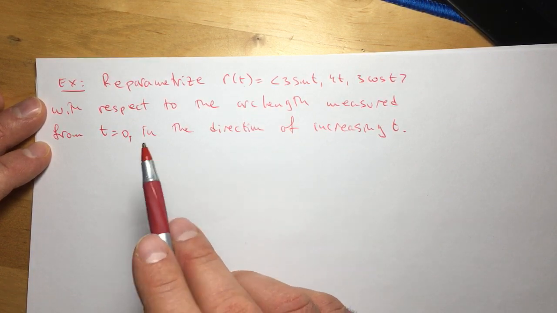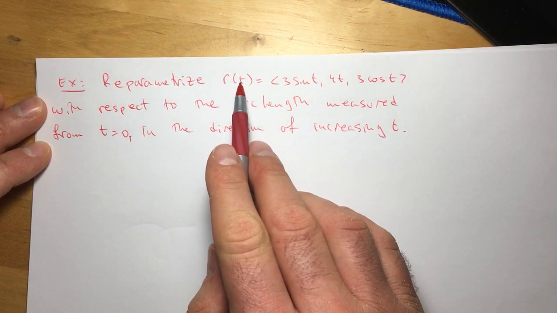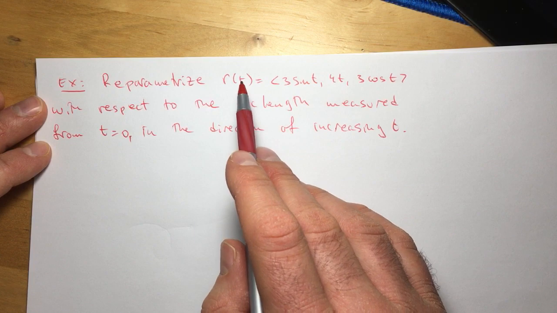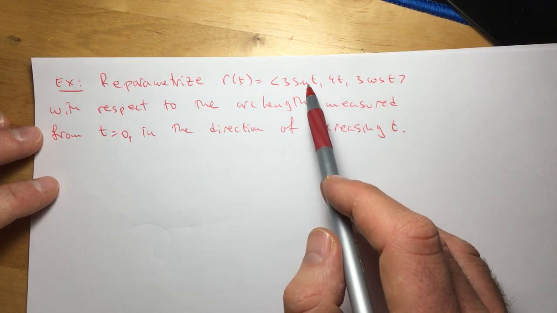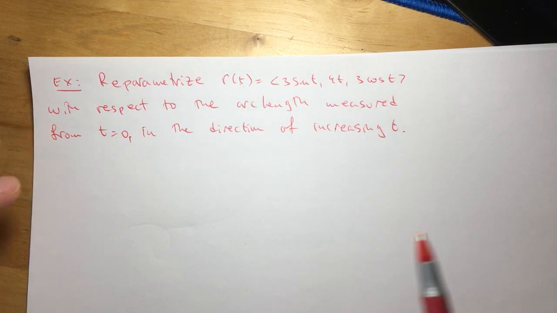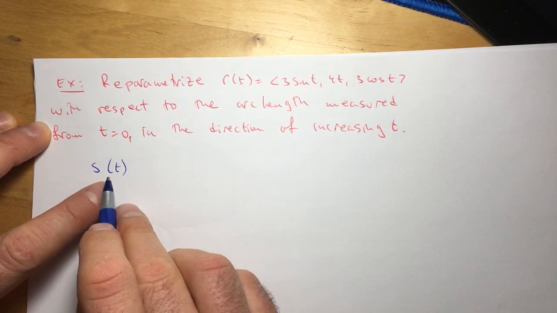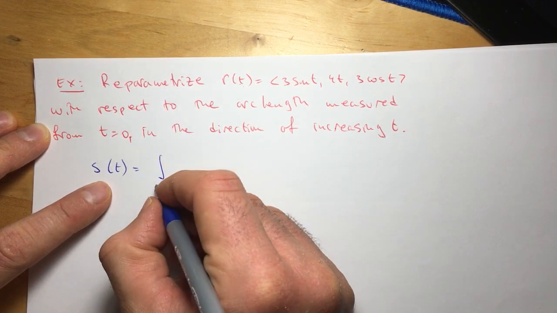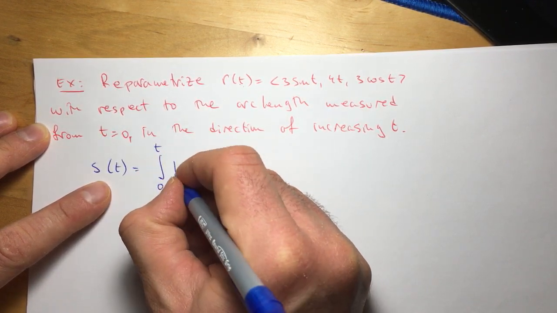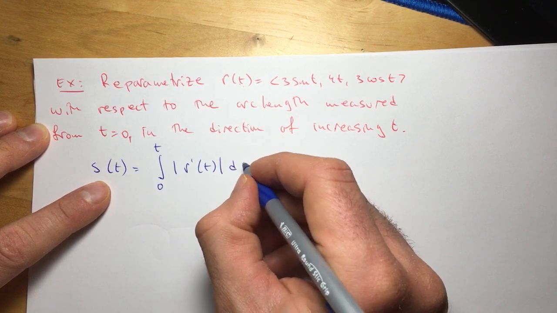as a function of s, then it's very easy. Here we're going to put s, and instead of t, we're going to put an expression in terms of s, and substitute it here, here, and here. In order to do that, first of all, what do we have to do? We have to figure out how much is the arc length function. By definition, this is the definite integral from 0 to t of the magnitude of the derivative of the function.